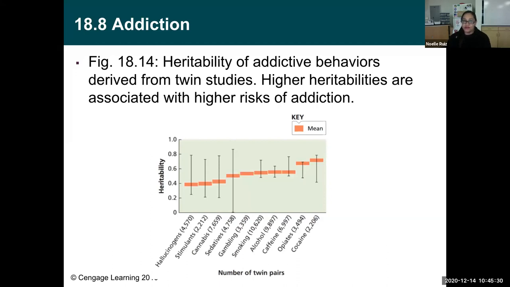Higher heritabilities are associated with higher risks. As we said, the higher heritability, it's actually a scale from 0 to 1. There's everything on that list from hallucinogens, stimulants, cannabis, sedatives, gambling, smoking, alcohol, caffeine, opiates, and cocaine is the highest.